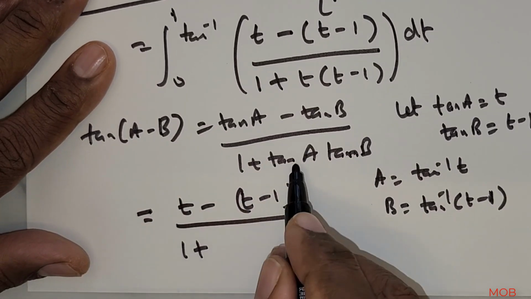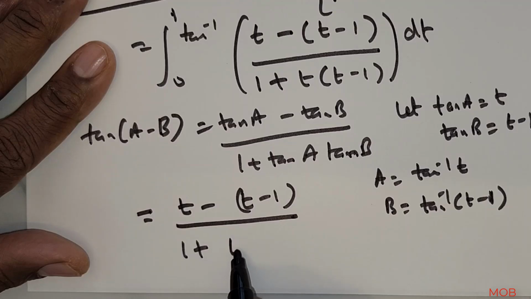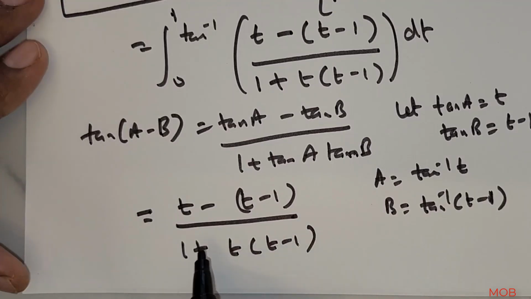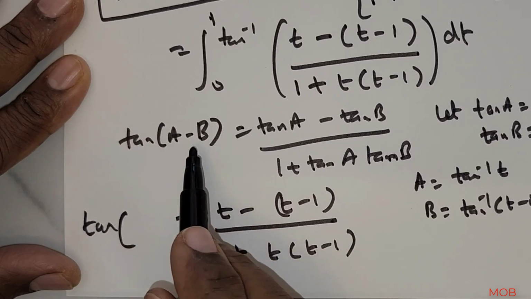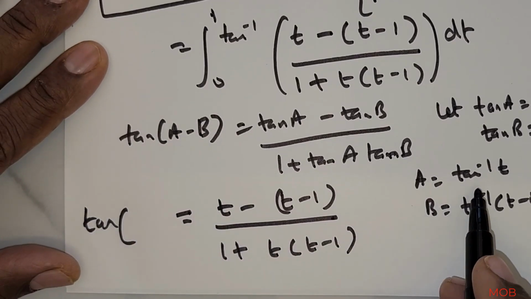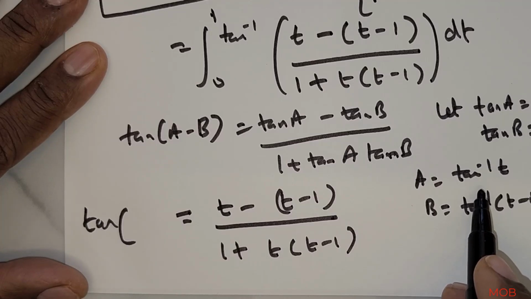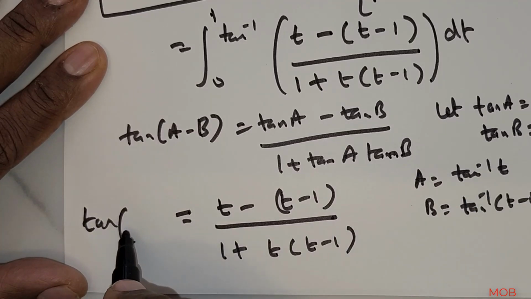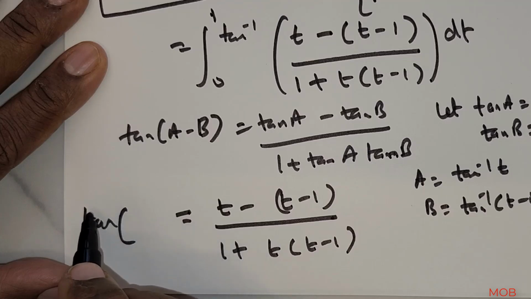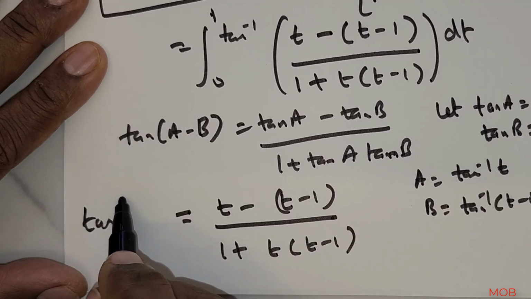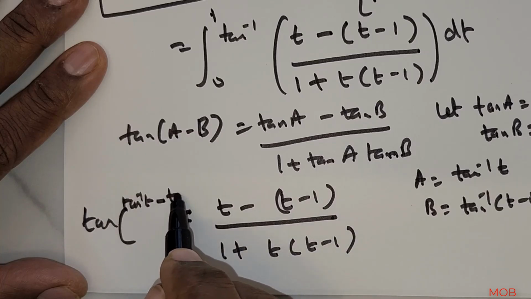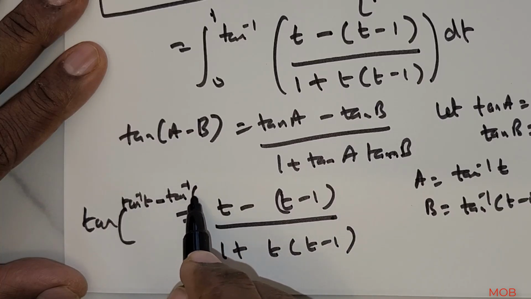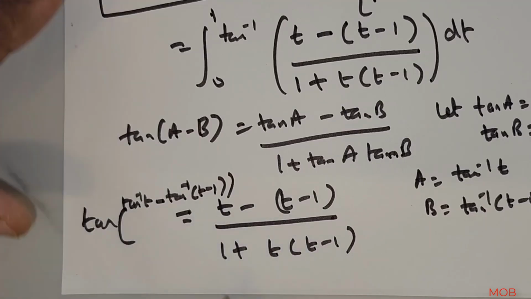I'm going to have 1 positive tan a is going to be t, tan b is t negative 1. Over here, this is going to be tan of a negative b. My a negative b is tan inverse of t followed by negative tan inverse of t negative 1. So this is what I've got.